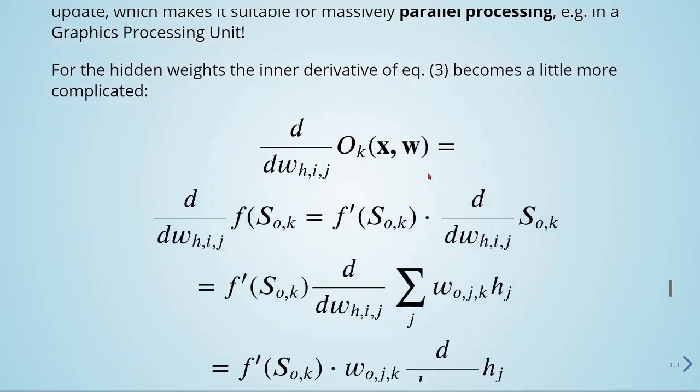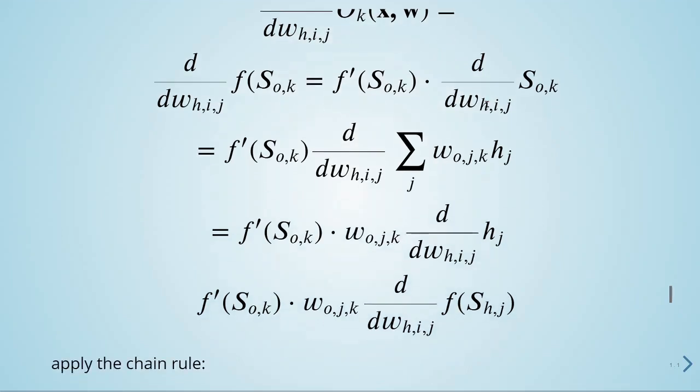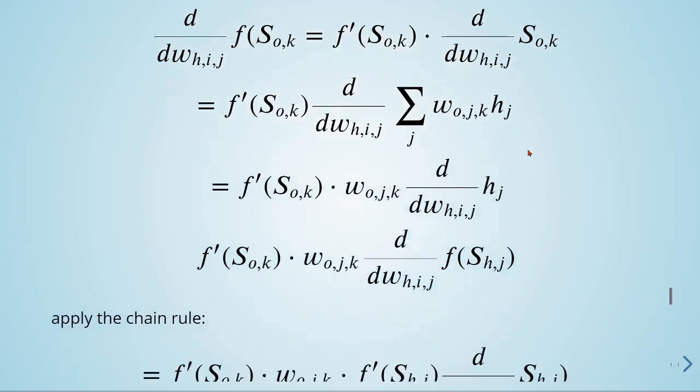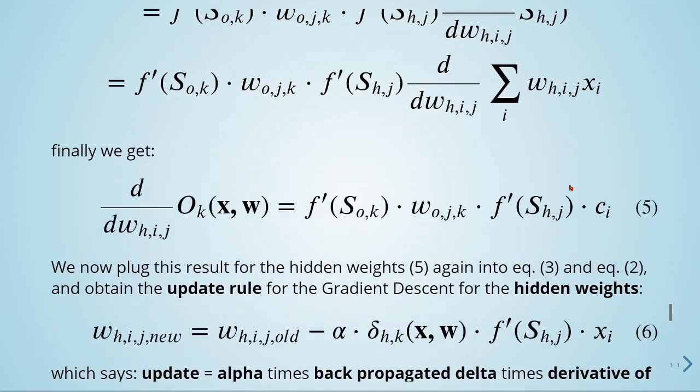So we have here the derivative with respect to the weights, output k. Then we have all these manipulations, and we apply the chain rule, and we finally get this equation here.